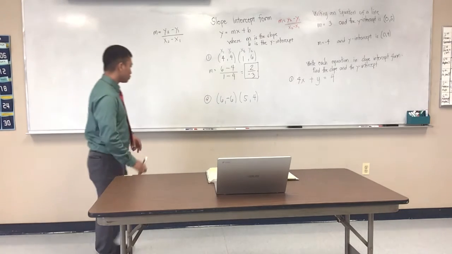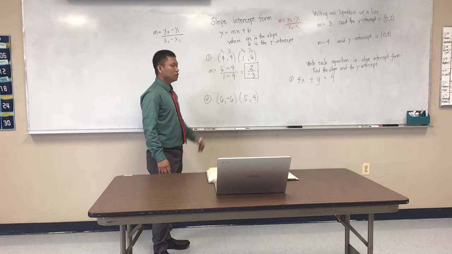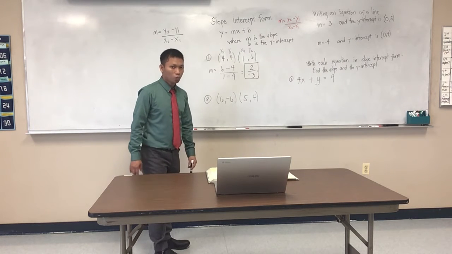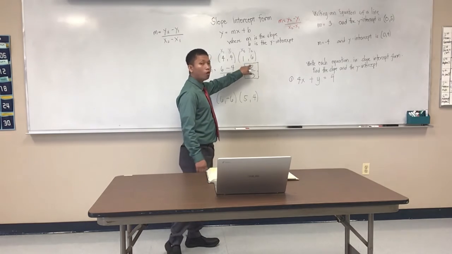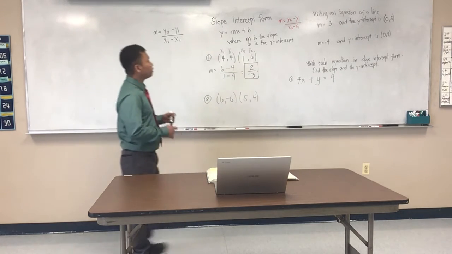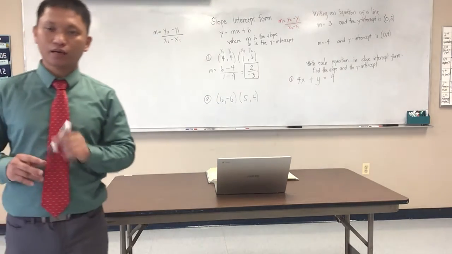Okay, if we are going to find the equation of the line here, we already have our slope, negative 2 over 3. So we need to find now our b, the y-intercept.